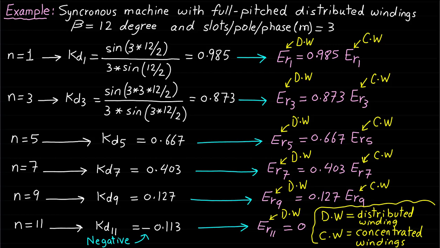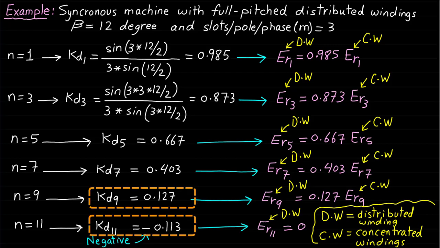The other important point is that the high-order harmonics, represented by the ninth and above, have low or negative value of distribution factors. That means the high-order harmonic components will be eliminated or reduced effectively.